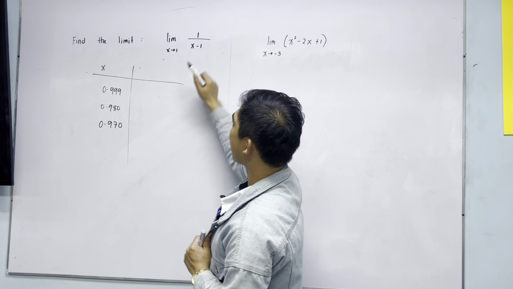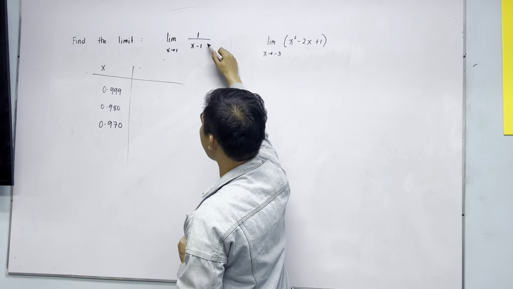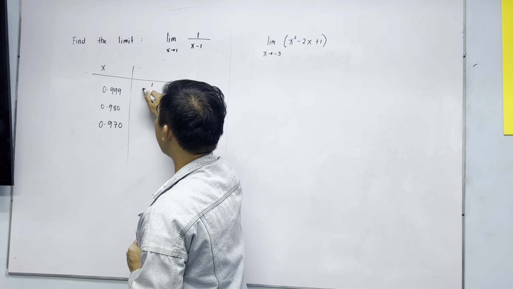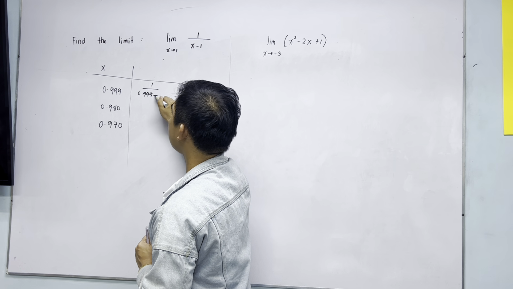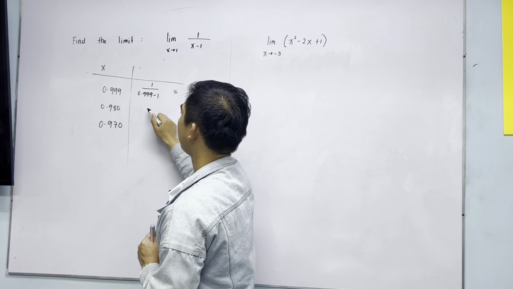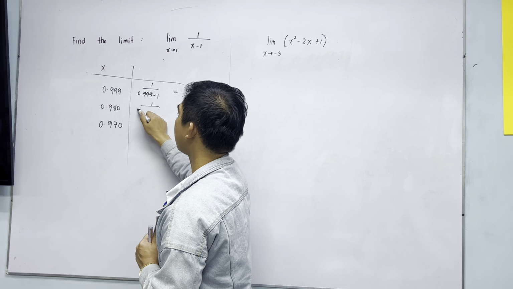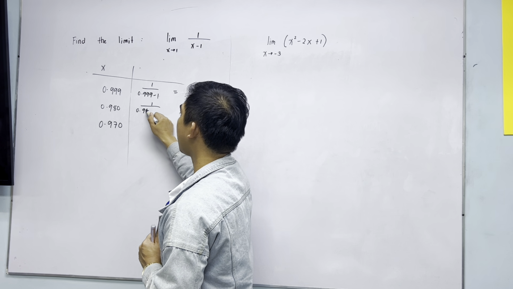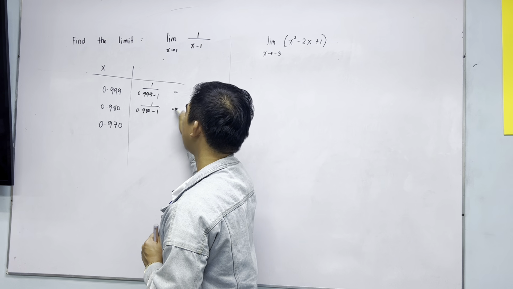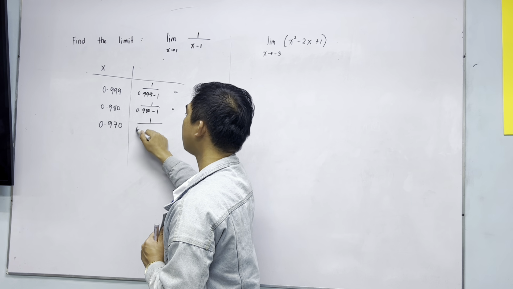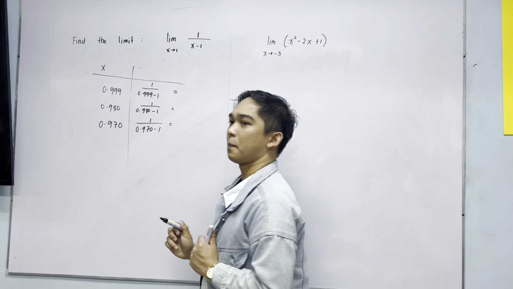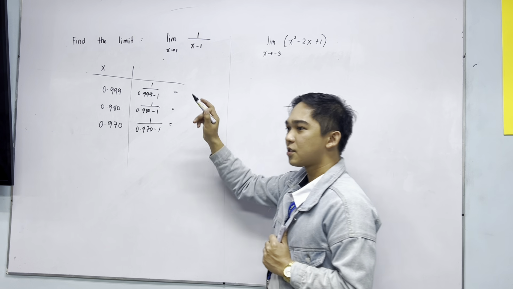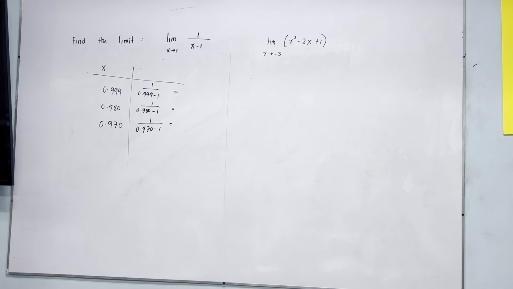Now, i-substitute natin. Insert sa calculator natin. This is 1 over 0.999 minus 1. 1 over 0.980 minus 1. 1 over 0.970 minus 1. Make sure na tamang insert natin sa calculator natin. Use the fraction bar.